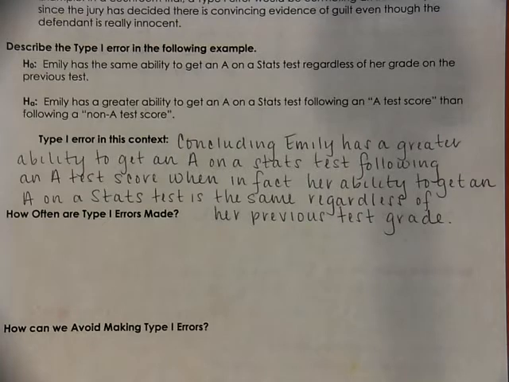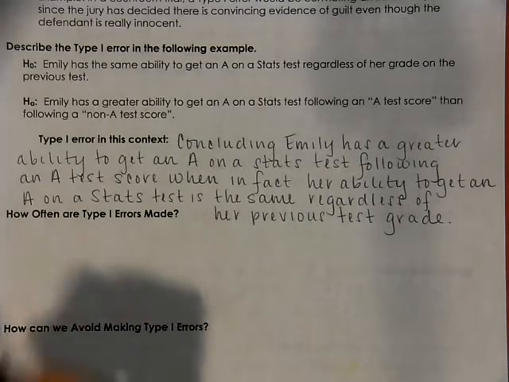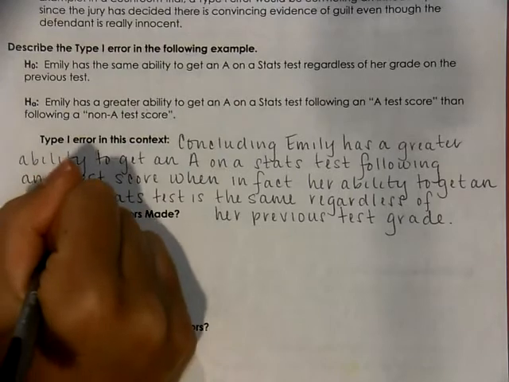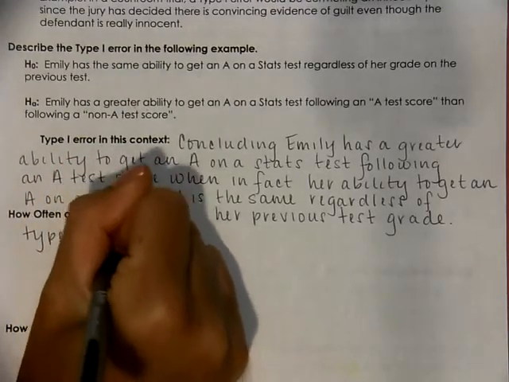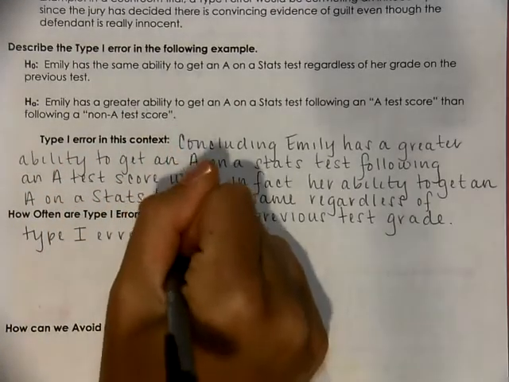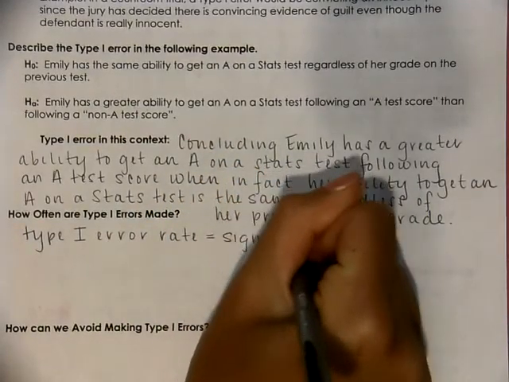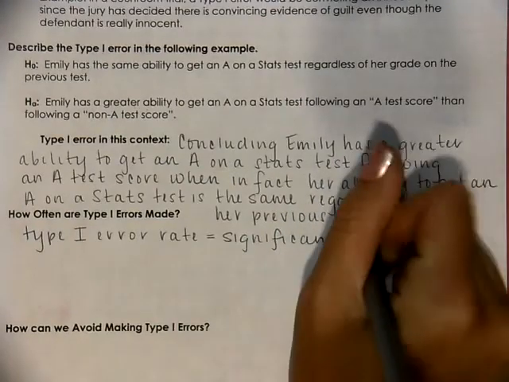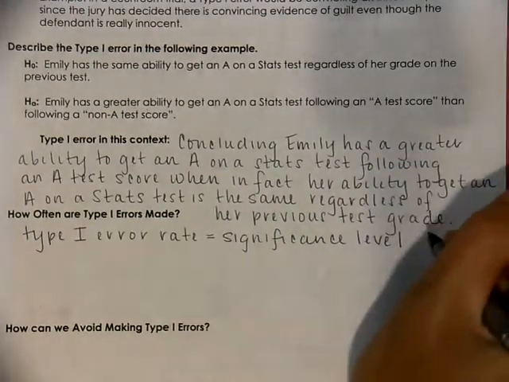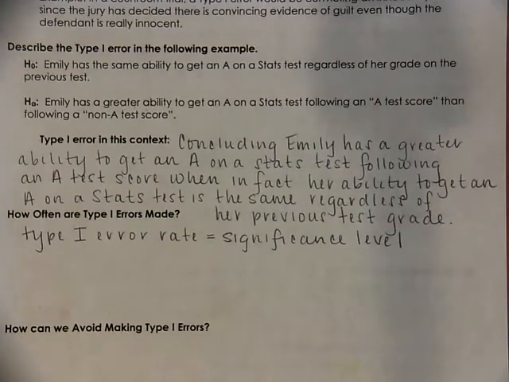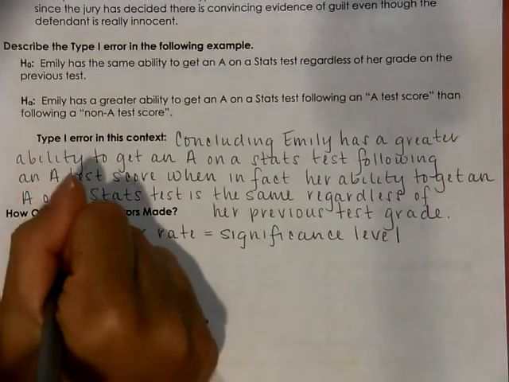So how often are type 1 errors made? Well, your type 1 error rate equals your significance level. So if our type 1 error rate equals our significance level, what has been our significance level these last 2 chapters for hypothesis testing? It's been 5%. So currently it's about 5% of the time for us.